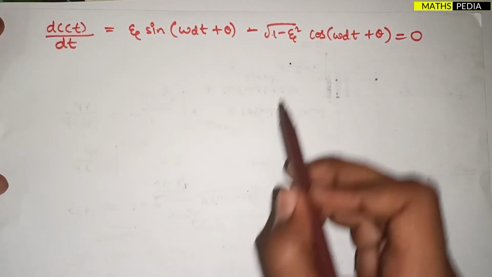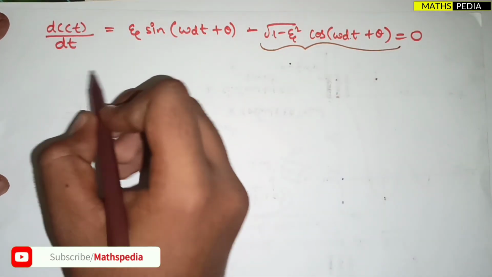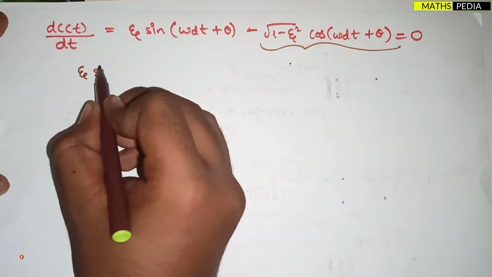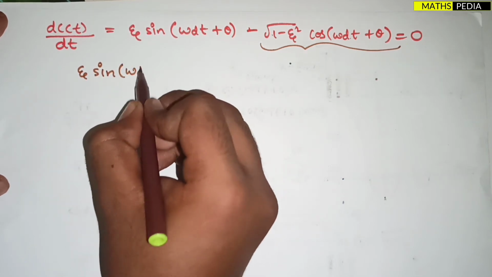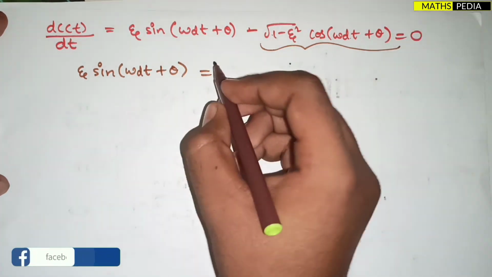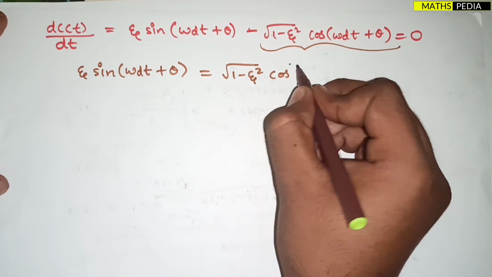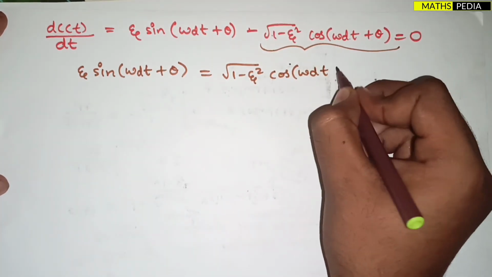Now next step, what I can do, I can take this term to the RHS side, so it will become plus. So see here what happens. So zeta sine(omega d t plus theta) is equal to, this will go to that side, it will become 1 minus zeta square into cos(omega d t plus theta).